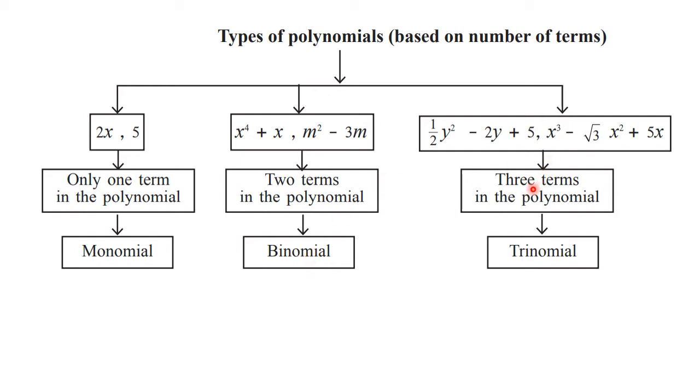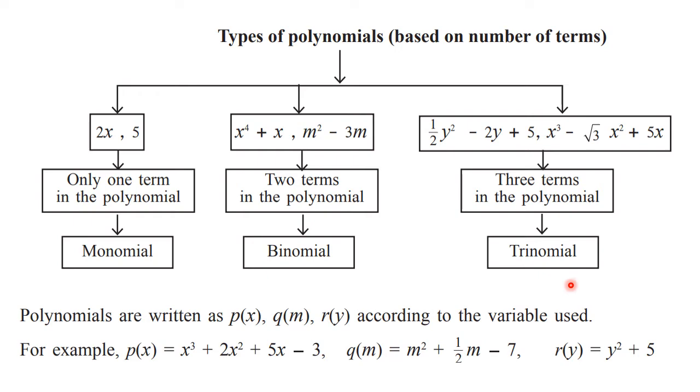Then the polynomial with three terms is called a trinomial. Tri means three. So a polynomial with three terms, 1, 2 and 3, is called a trinomial. So on the basis of the number of terms present in the polynomial, they are classified as monomial, binomial and trinomial, which you have already studied in lower standards.